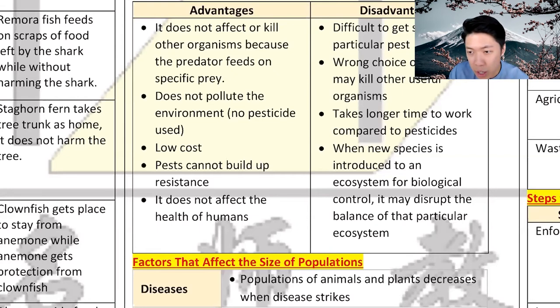Must do comparison. And also for your second one, does not affect human health, right? That's for biological control, while pesticide can harm human health or can cause poisoning, something like that. Please do comparison.